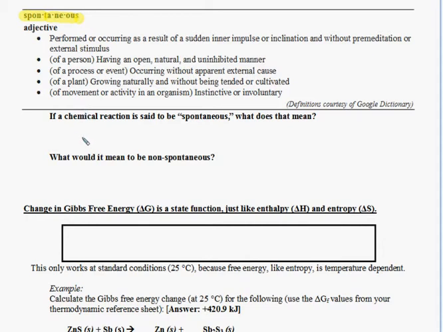So if we have a chemical reaction that's considered spontaneous, we're referring to the fact that the reaction occurs without any external help. So you don't have to force it to occur.